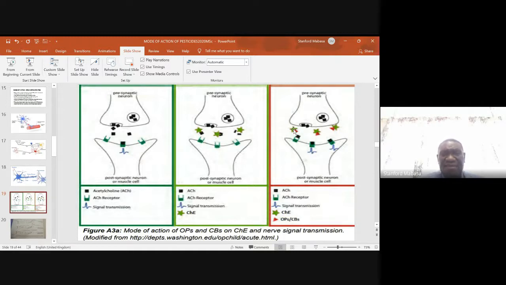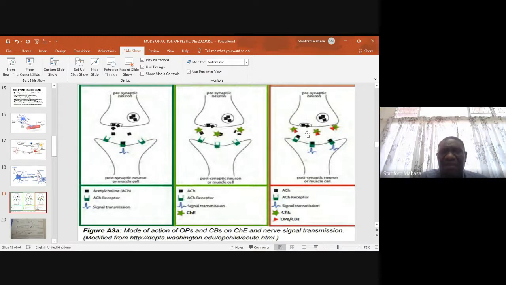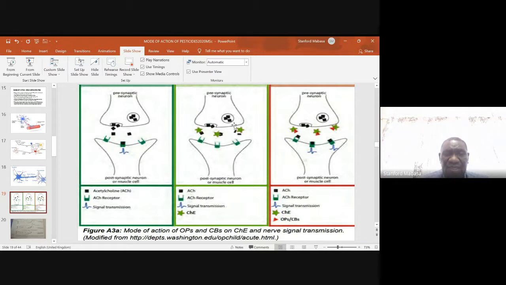Now, if we use a pesticide, the pesticide is similar to the acetylcholine enzyme. If it is an organophosphate, it will combine with the acetylcholine, because the acetylcholine is the transmitting substance. Once it has joined the acetylcholine, this is more or less a permanent feature. So there's no breakdown like what is happening here.